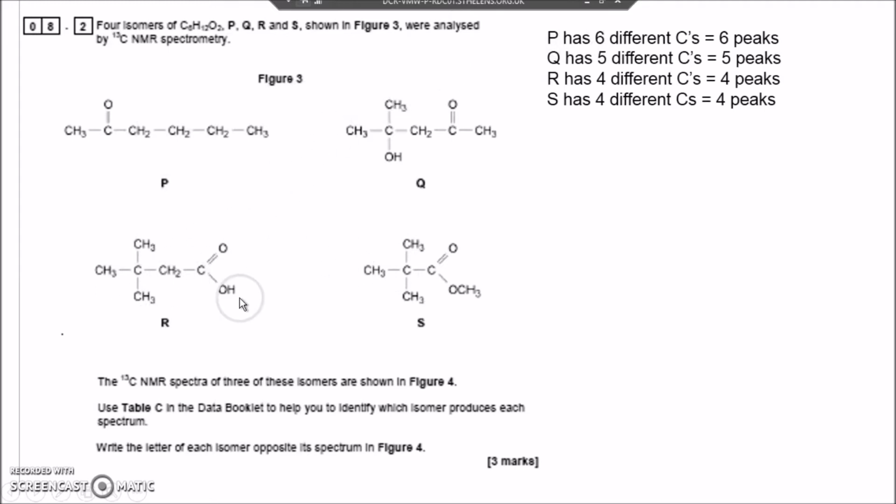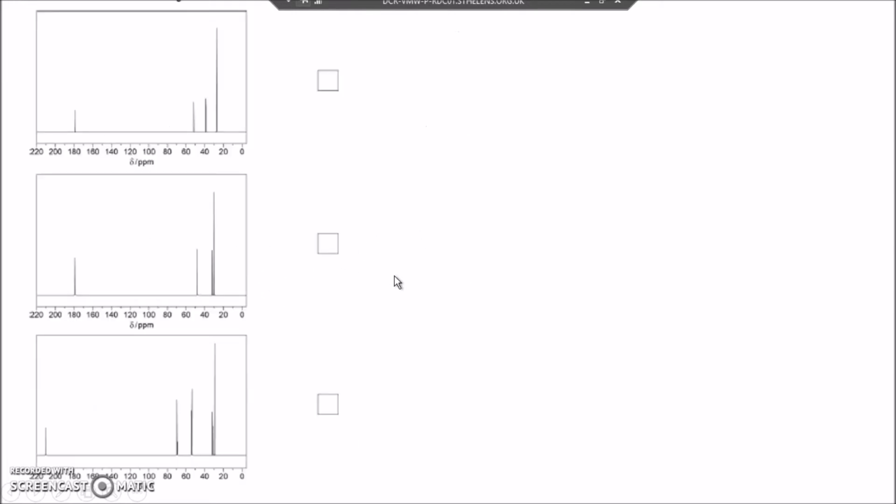Now we've got to decide between R and S. The only thing I notice is that Q here has a peak with 2 peaks very close together, which is very similar to this one. This one looks fairly similar to Q. That one's offset and it's got an extra peak.